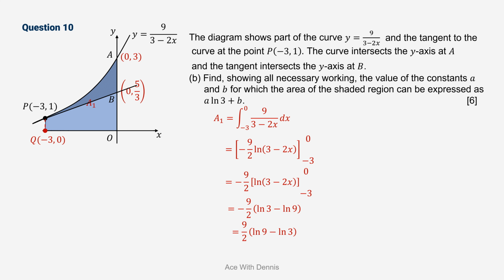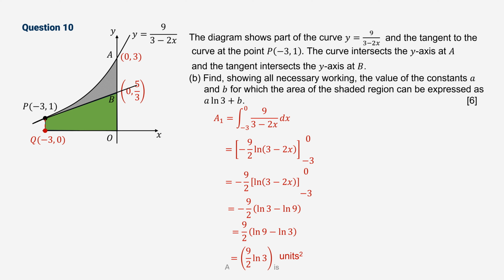Or we rearrange the expression and get 9 over 2 (ln 9 minus ln 3). Since minus in logarithms means division, it is ln of 9 over 3, and we get ln 3. So simplifying, A1 is 9 over 2 ln 3 units.